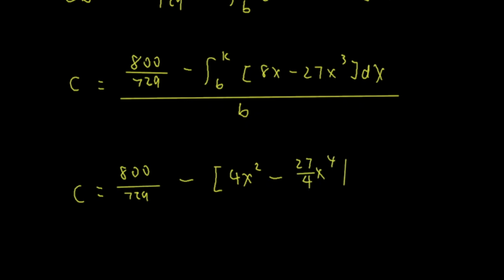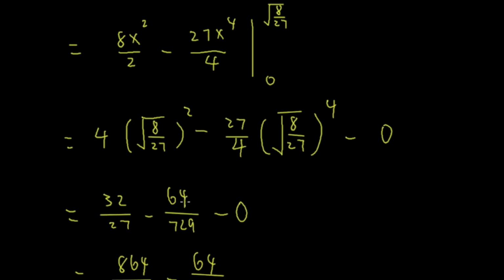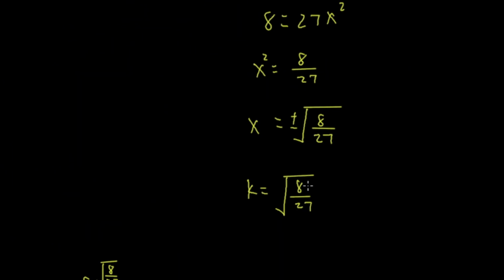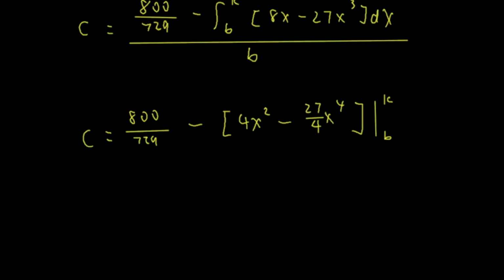Evaluate from b to k. Now, we know what k is, right? From before. K is square root of 8 over 27. So here, this is square root of 8 over 27. Now divide by b.